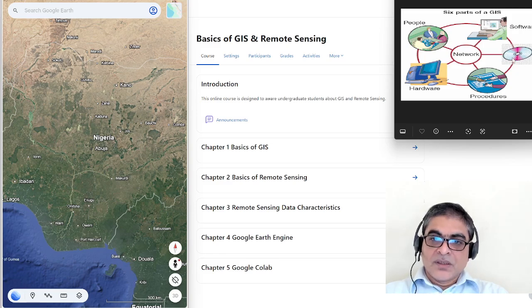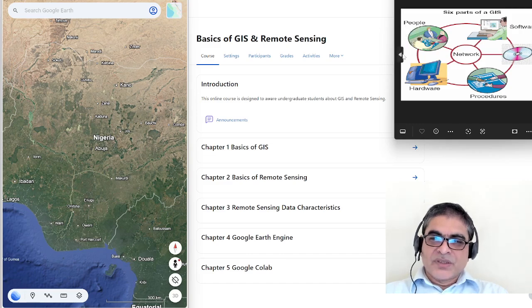The data you are getting from remote sensing sources and other sources also, not only remote sensing. Altogether it makes a geographical information system.